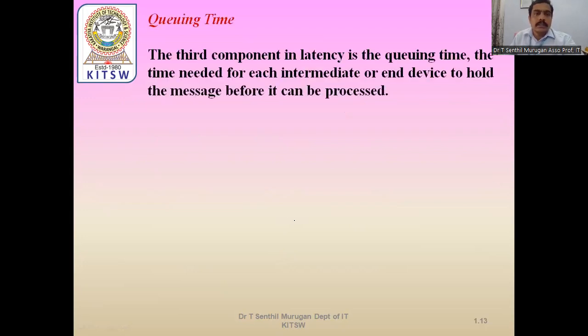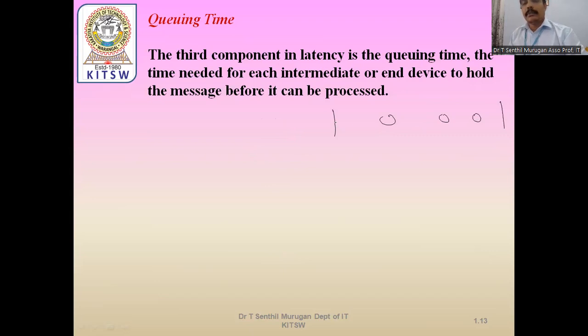So next one is queuing. What is queuing time? For latency, we must calculate queuing time also. It is the time needed for each intermediate or end device to hold the message before it can be processed. So the source is there, some intermediate nodes are there, and finally the destination.